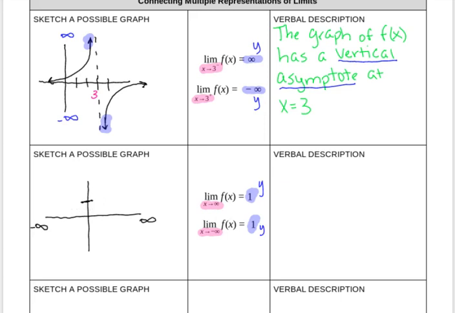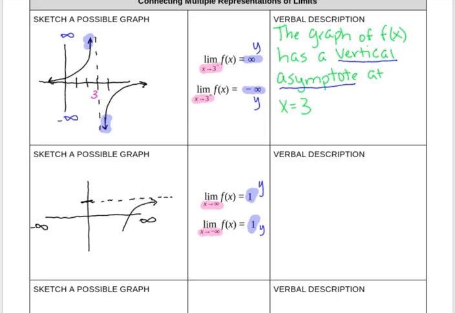And so I know that whatever's going on all the way over on the right side of the graph, my y values have to be getting close to 1. And so as I go towards the right, my y values need to almost start topping off at positive 1.